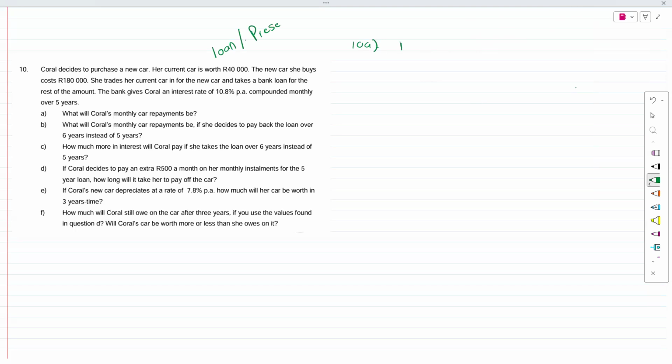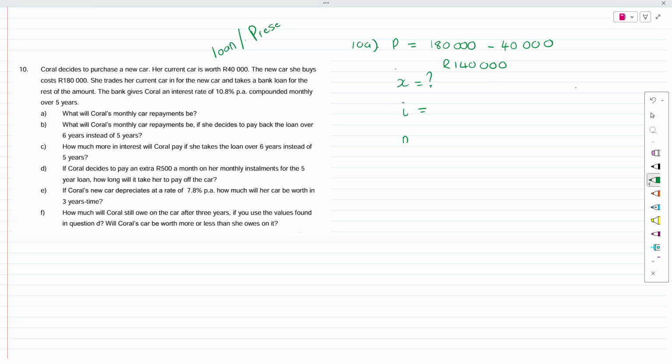So we're going to start off with P. We're going to go with I, X, and N. But the P value is tricky because now she wants a 180,000 Rand car, but she sells her car for 40,000. So the P value is 140,000 Rand. That's what she's borrowing. The X value is unknown.